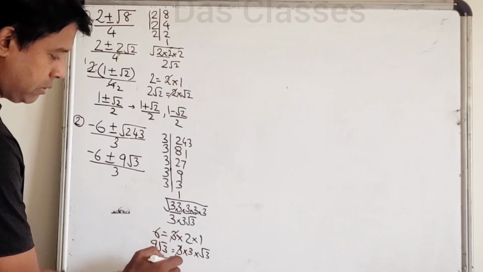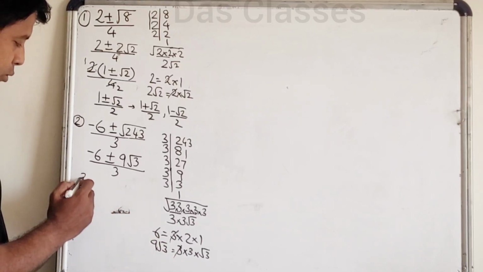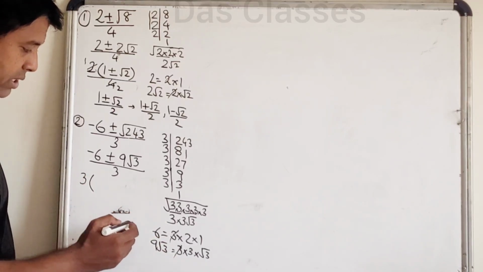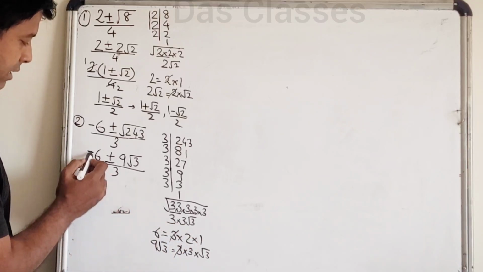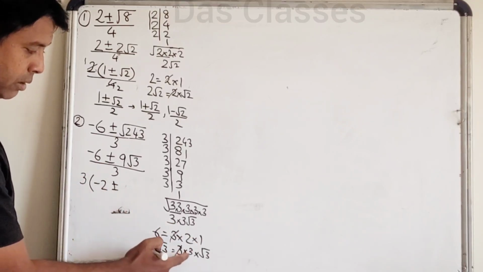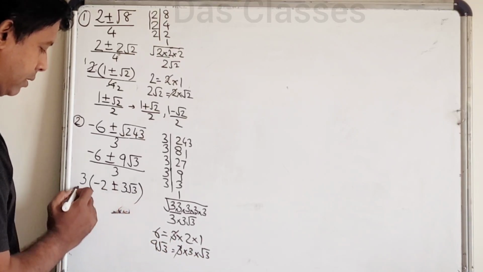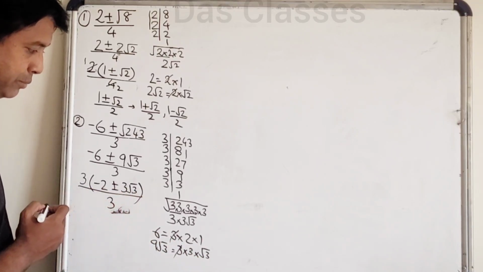So 3 is common in both of them. I'm going to take out 3 common. What is left is 2, and the minus sign, don't forget to put the minus sign, plus-minus, and what is left is 3√3. Write this down upon 3.